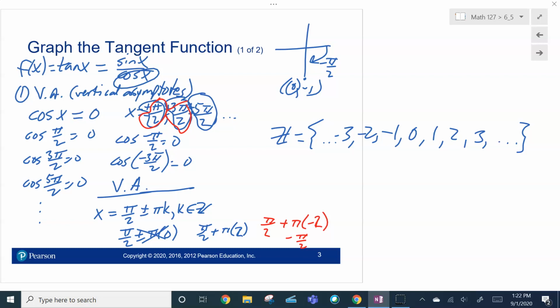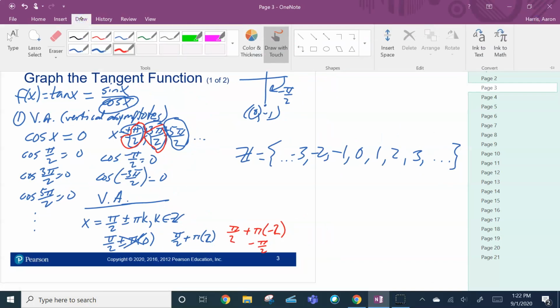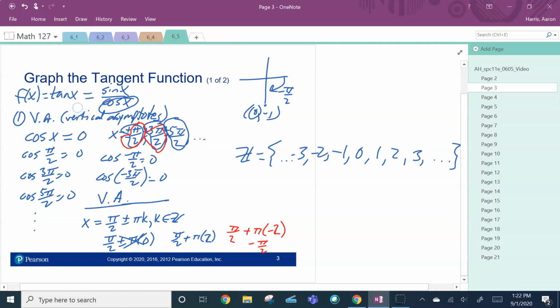So really, I don't even need the plus or minus on that. I could just do plus pi k, since I'm letting k be all my integers. Let me erase some of this so I can keep going. Okay, so I have my general form.